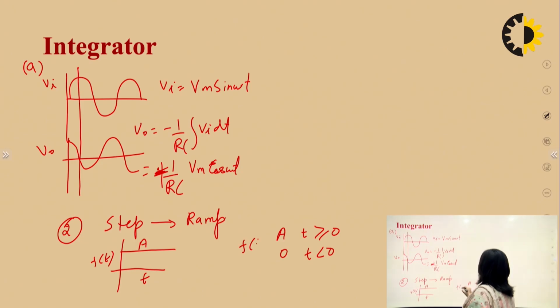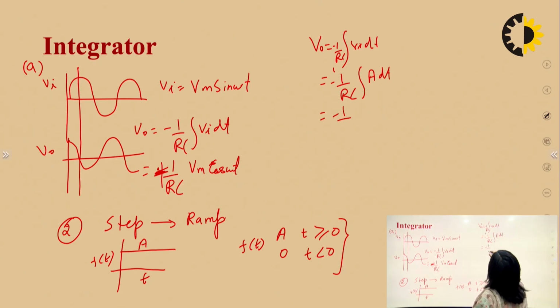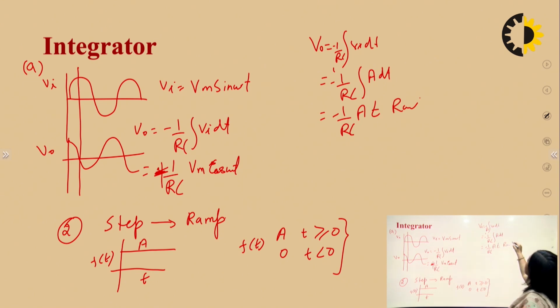If we integrate this A, V naught is equal to minus 1 upon RC integral of VI dt, where VI is A. So it will be minus 1 upon RC times At. So this is our ramp: the step signal is converted into a ramp signal.